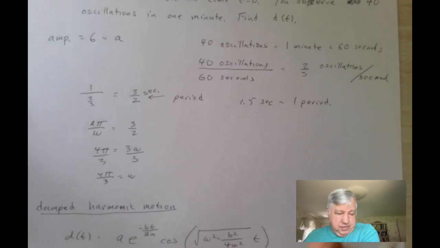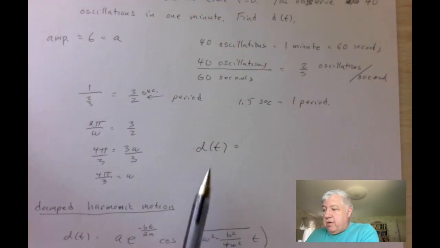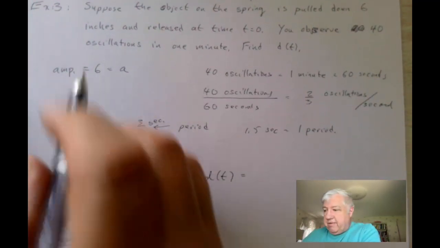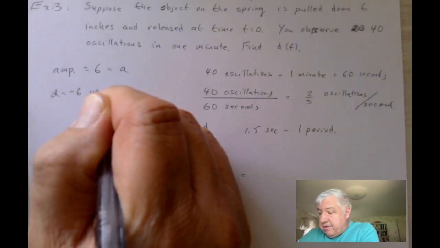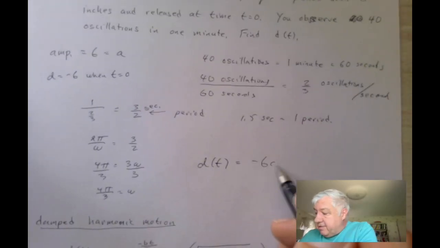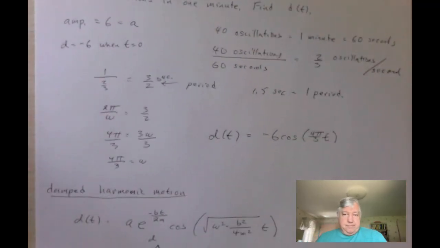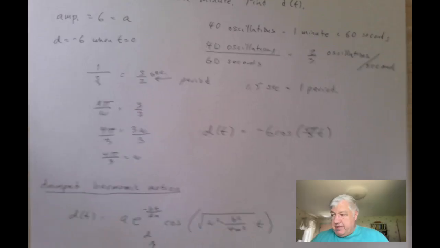So our distance is going to be, when we start, our initial position is -6. D is -6 when t equals 0. So this is going to be -6 cosine of 4 pi over 3 times t.